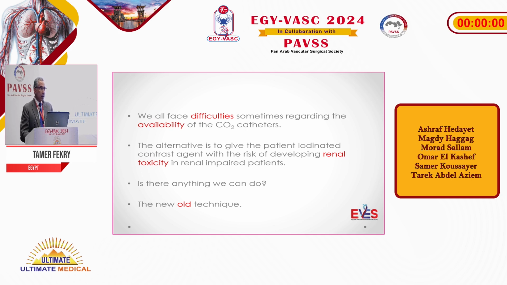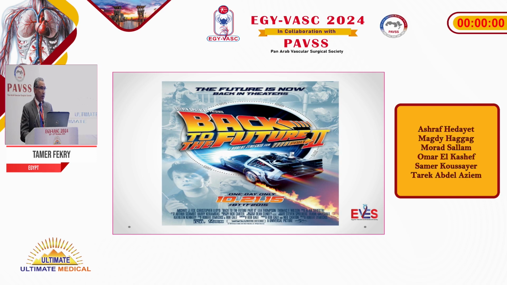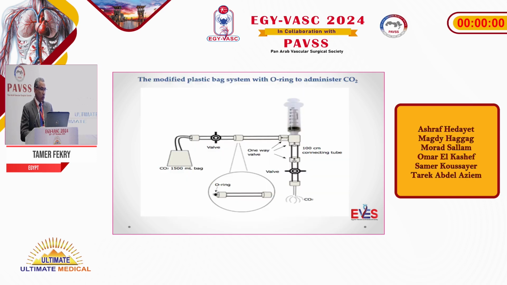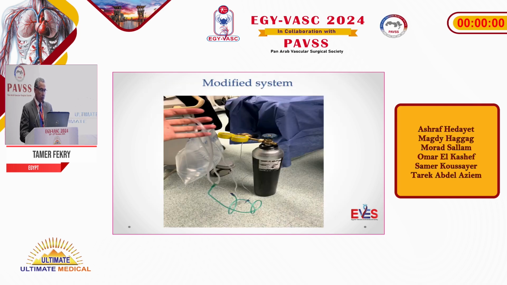Actually, we went back to the literature and we found that they already mentioned it, and we are now back to the future. This diagram was mentioned in one of the studies and papers. All you need is a reservoir bag to collect pure CO2, and to make a system which is completely sealed, a closed circuit, and you inject the CO2 from this syringe to the patient.